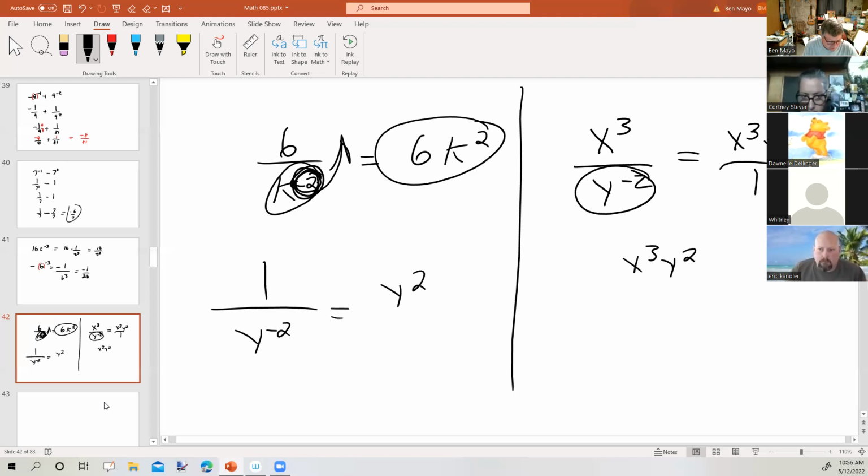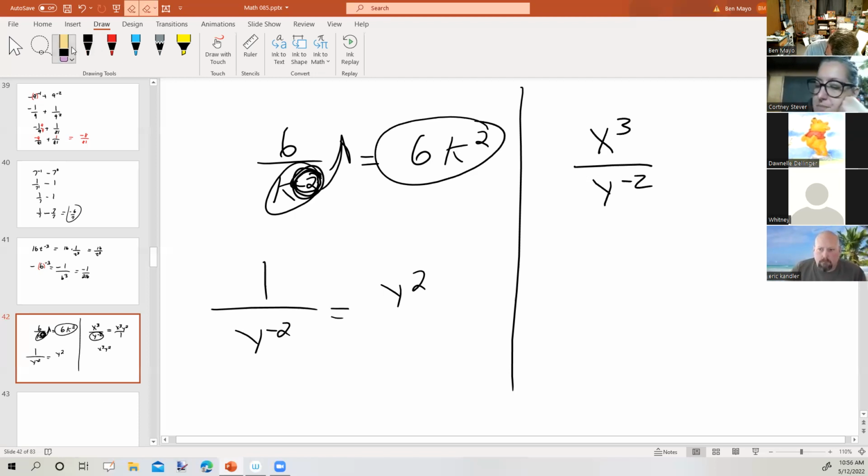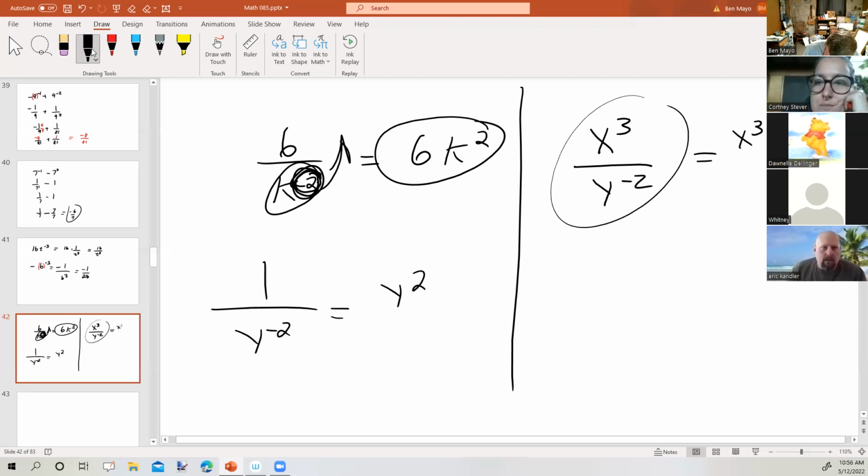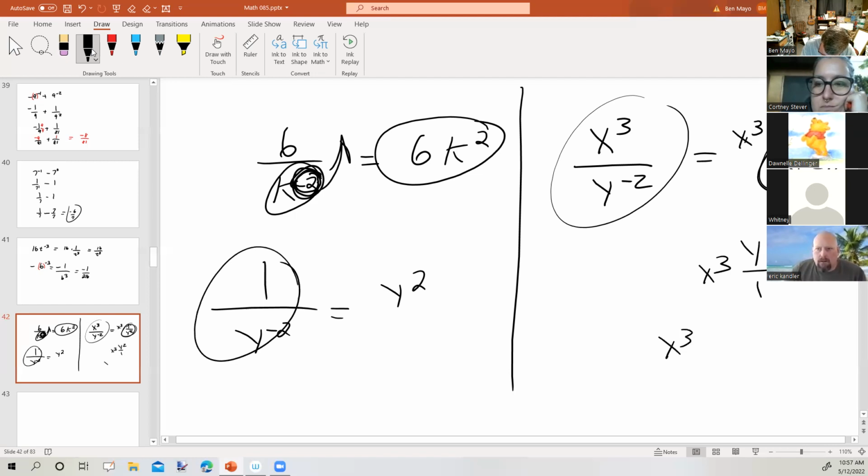Does that make sense? Yeah. So let's see here. So let's get rid of that. So this thing here is just like that. So this piece is the same as this, okay? Just kind of separating them out. So this piece here is going to end up like that, and this piece is going to stay as it was. So you're just moving this piece to make the exponent positive.